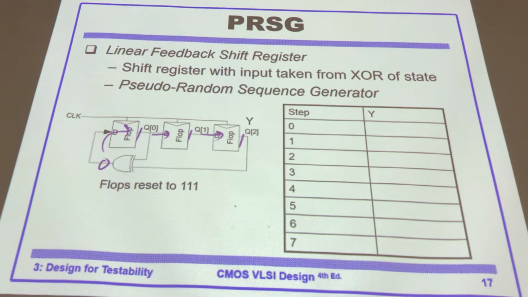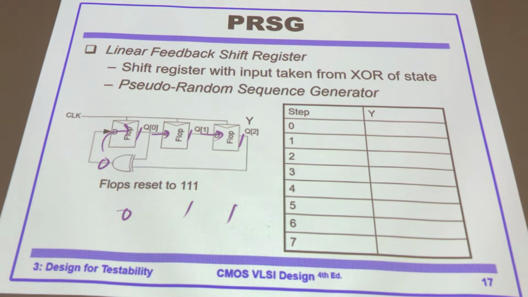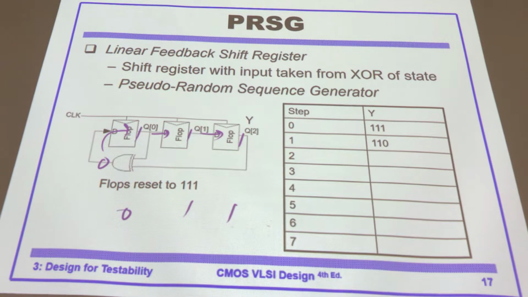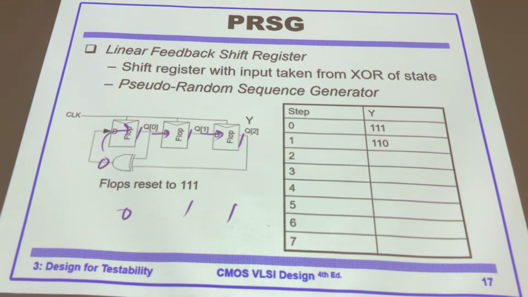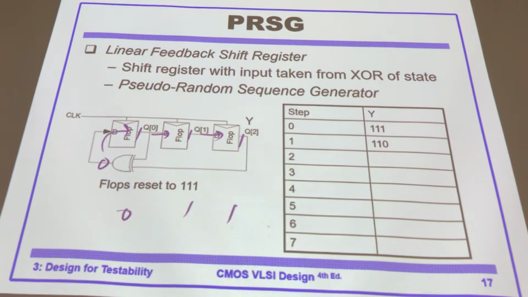So after one clock cycle, you're getting 1, 1, 0. Beware of the reverse order: MSB, LSB, MSB, LSB. So these two are correct and equivalent. It's the same. How about the next clock cycle? We are now at 0, 1, 1 here.